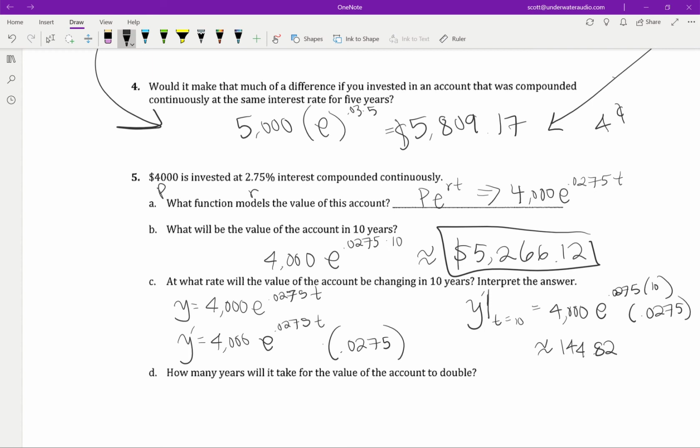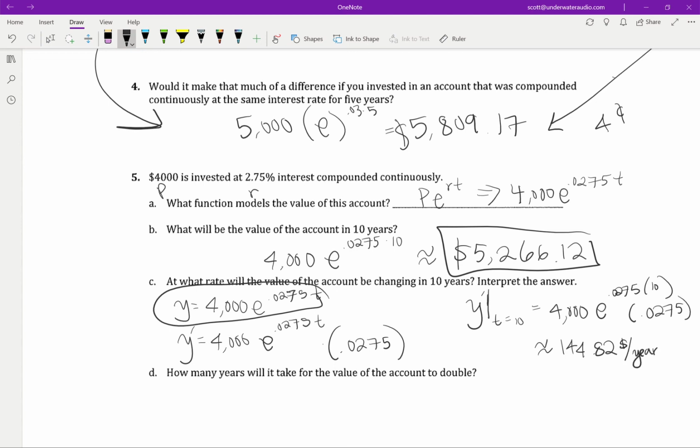So the units here is going to be y over t, and as you recall, this is telling me the amount in the account. So it's a change in dollars per year.